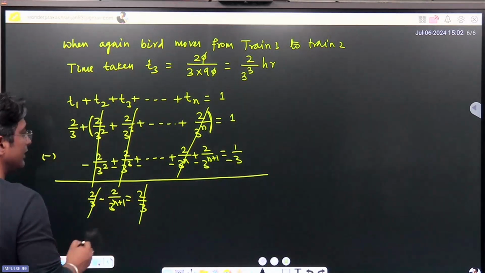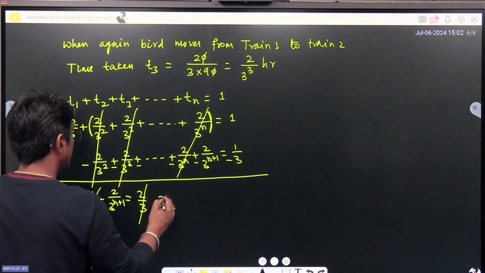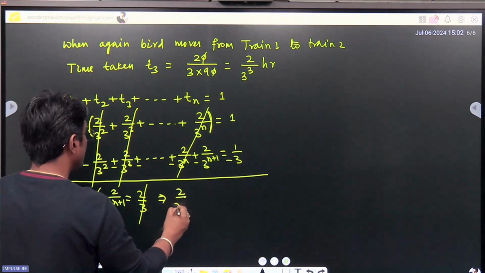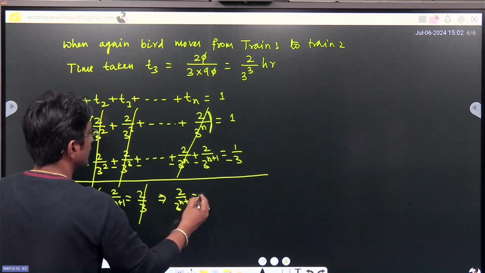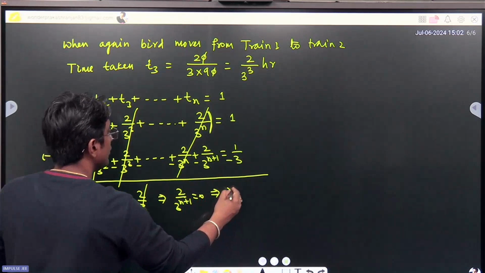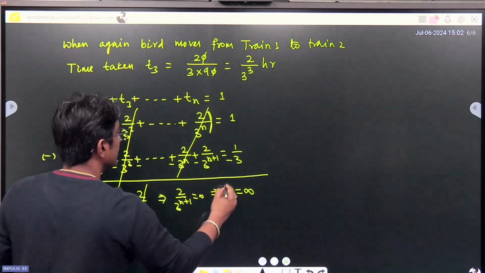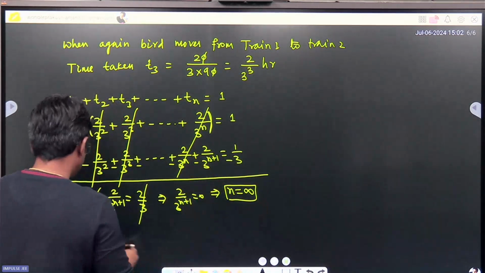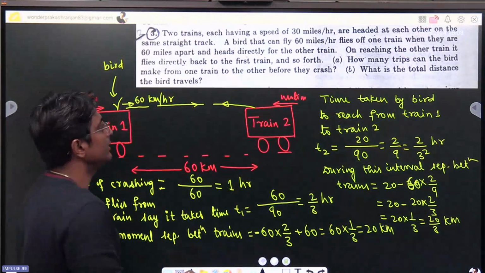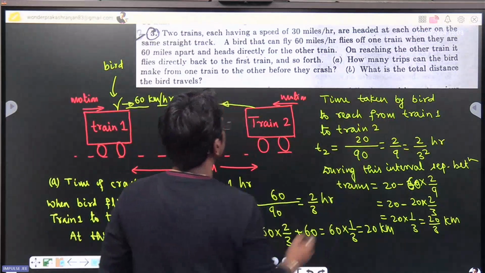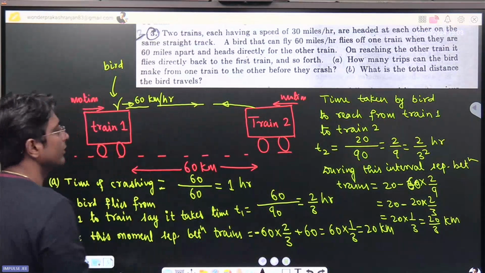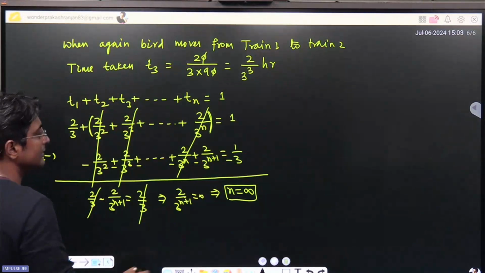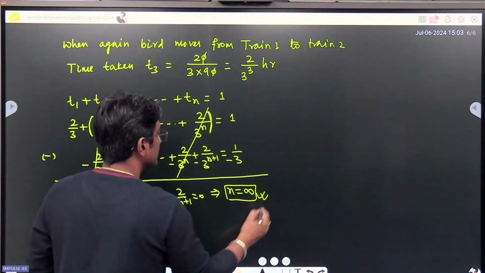So these two are getting cancelled out, and we are getting 2 by 3 to the power n plus value is 0, and this is possible only if the n value is coming infinity. So in the first part, we have to find how many trips a bird can make from one train to the other. So that is coming infinite trips.